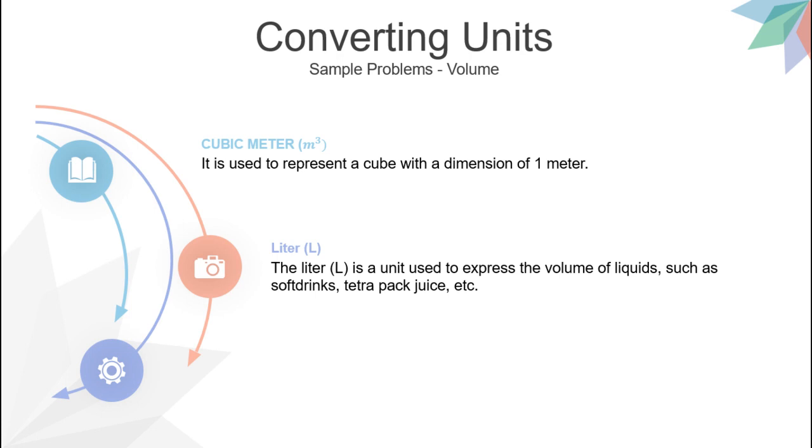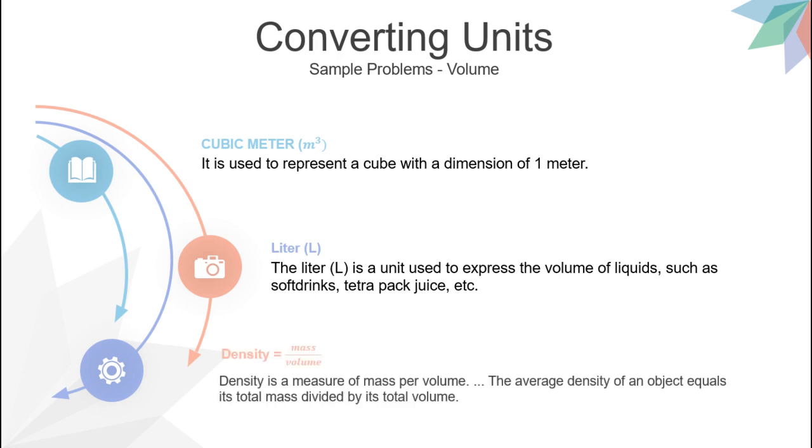Usually we see on the packages the information 1 liter, on soft drinks and juices, even on detergent. So it is used to express volume of liquids. The cubic meter, it can be solid, as long as it is contained in a certain container, that is called a cube.